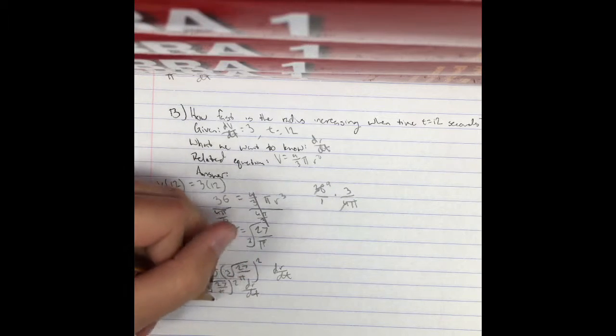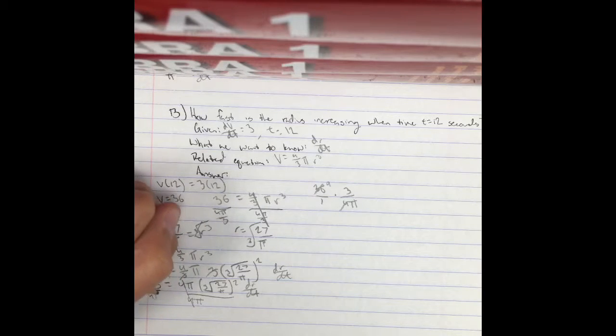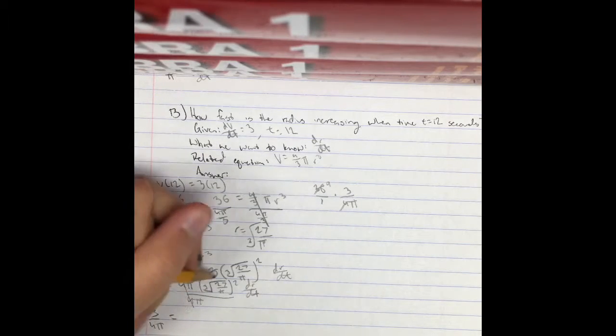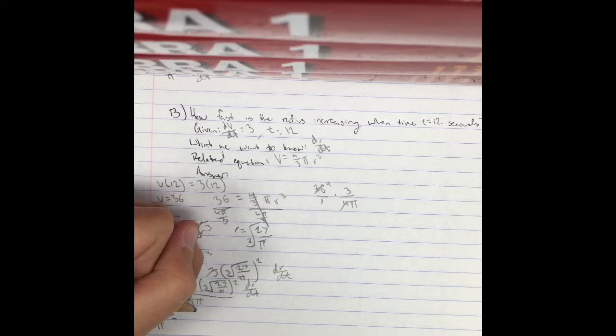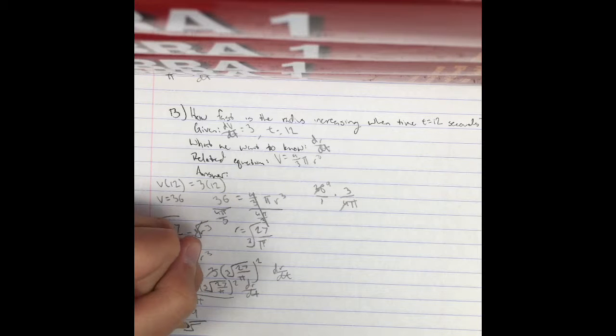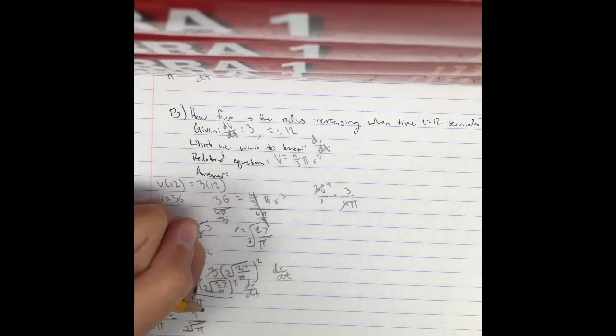And so first let's just divide both sides by 4 pi. So 3 over 4 pi equals, now I'm going to simplify this out here.